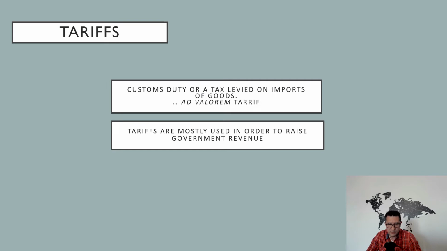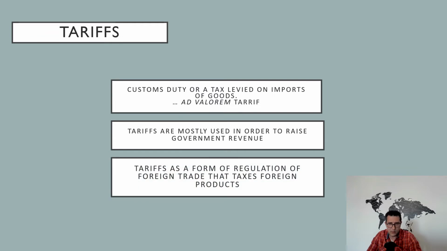And now getting back to the subject here. Guys, you could look at tariffs as a form of regulation of foreign trade that taxes foreign products in order to encourage or safeguard domestic industries.